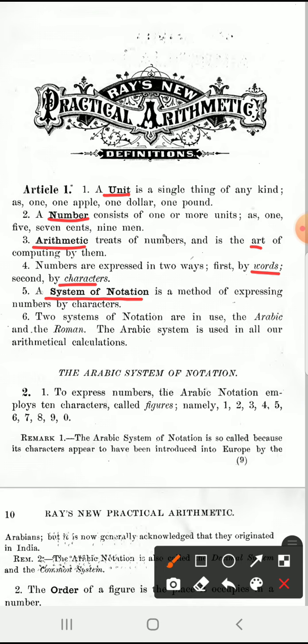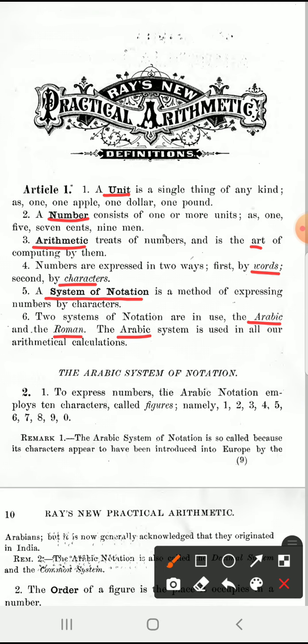And then lastly, point number 6, two systems of notation are in use, the Arabic and the Roman. The Arabic system is used in all our arithmetical calculations.